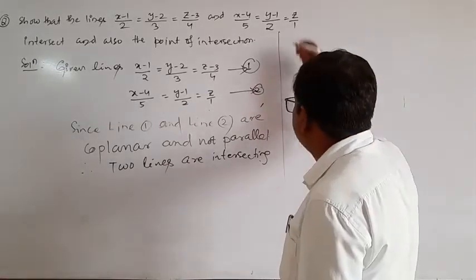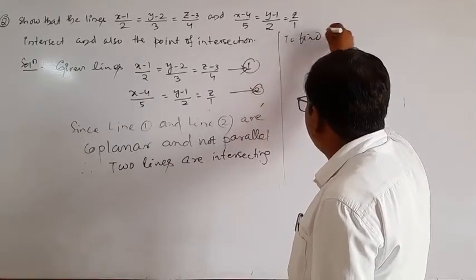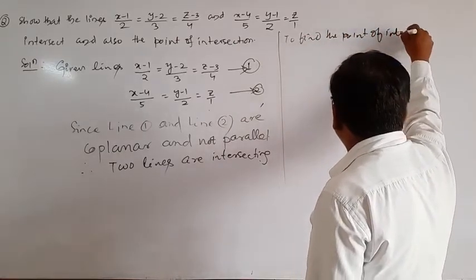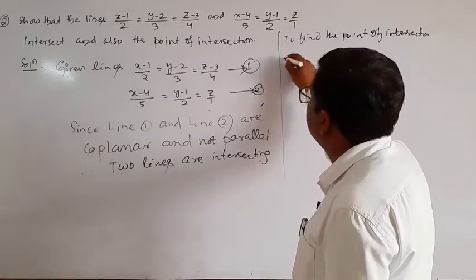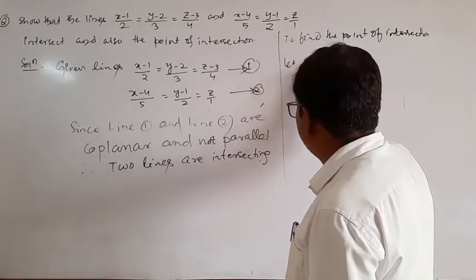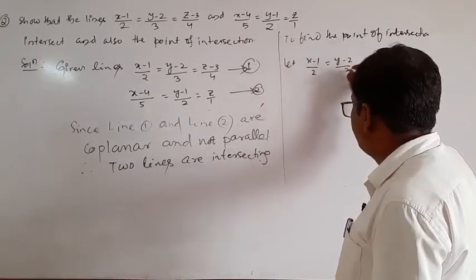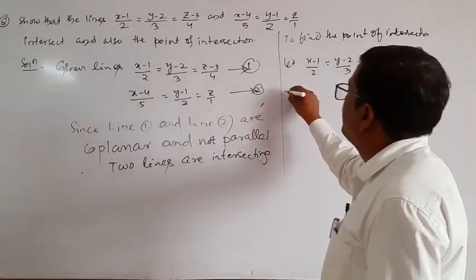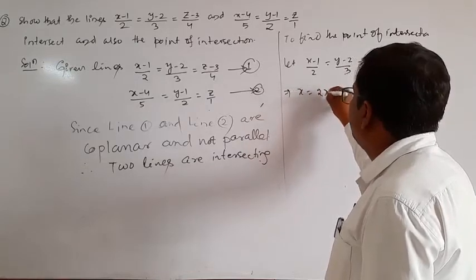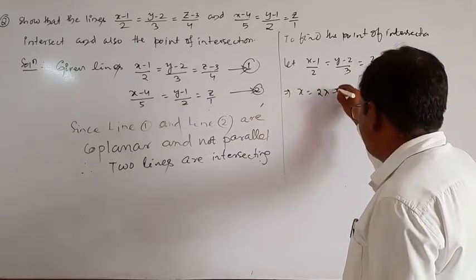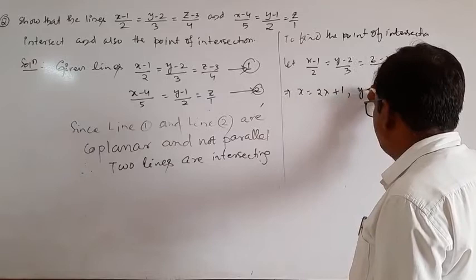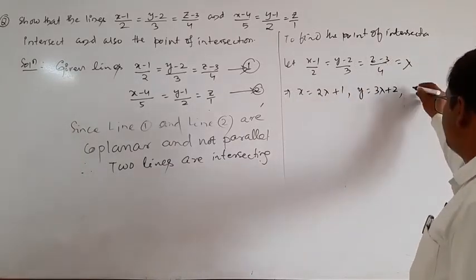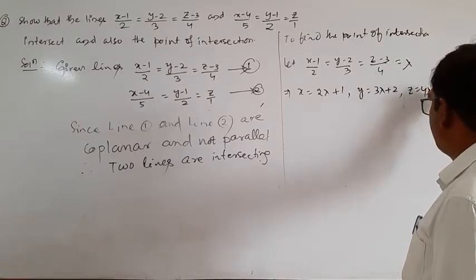Let (x minus 1)/2 = (y minus 2)/3 = (z minus 3)/4 = lambda. So that implies x is equal to 2 lambda plus 1, y is equal to 3 lambda plus 2, and z is equal to 4 lambda plus 3.